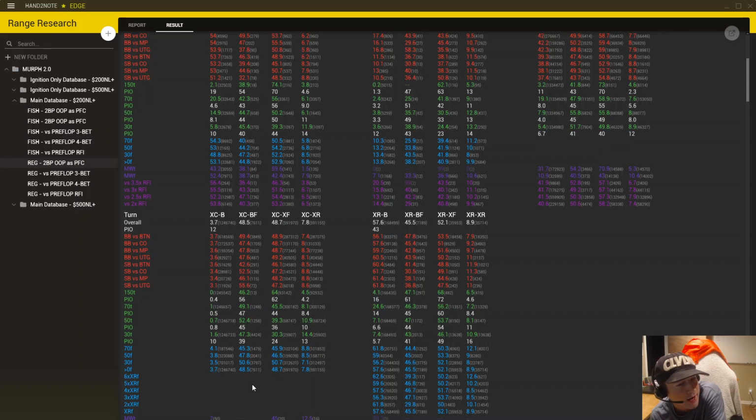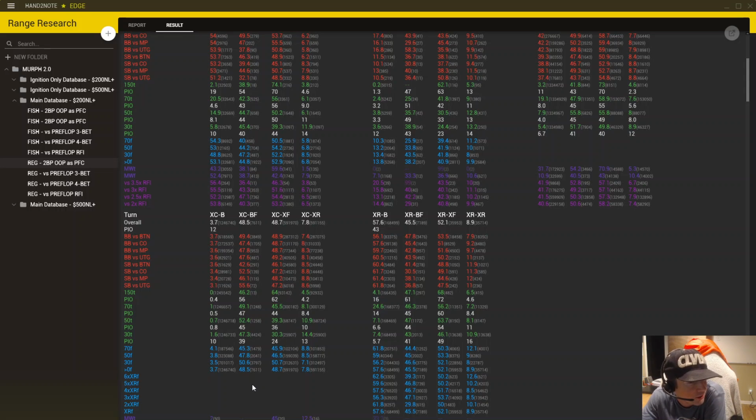But the half pot bet, pool's folding 39.3, Pio says 36. So that's a slight overfold, but not enough where you're going, okay, this is a hot spot. I can just start shoveling money in on these guys. Same thing with 70%. That's 45.5 versus a 44% Pio recommended frequency. I think I've probably talked about this in the chat at some point somewhere.